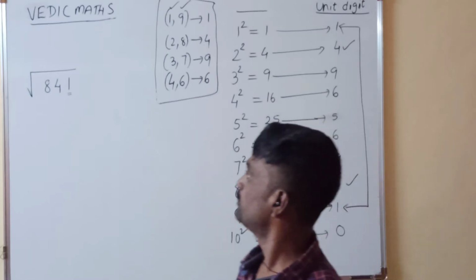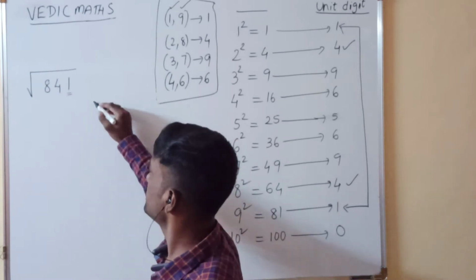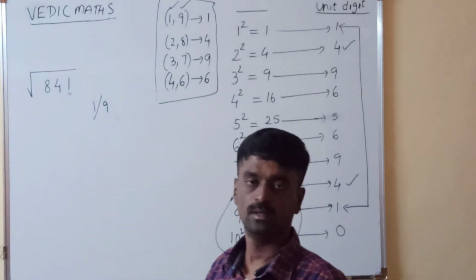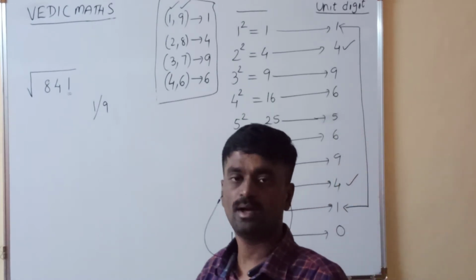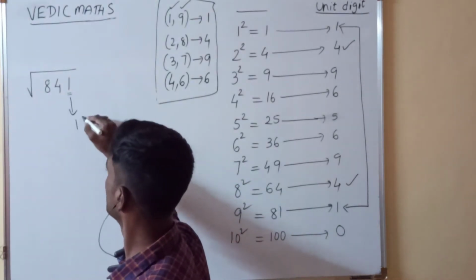Correct? So by looking at this unit digit, what we can conclude is that in the answer, the last digit should be either 1 or 9. Okay?